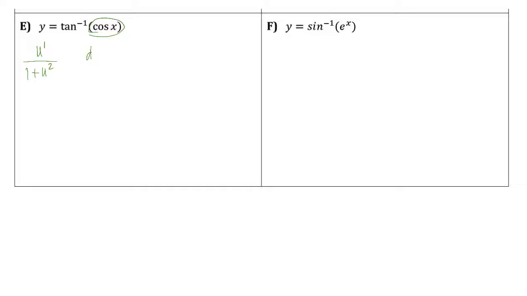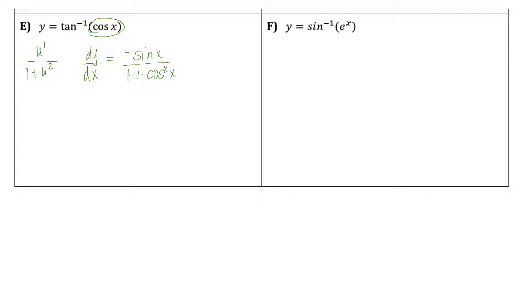So we're going to do dy dx is equal to u prime. Well, u prime, or the derivative of cosine, is going to be negative sine of x over 1 plus u squared, so that's going to be 1 plus cosine squared x. And that should be it. I don't believe I would try to do any more simplifying to that.